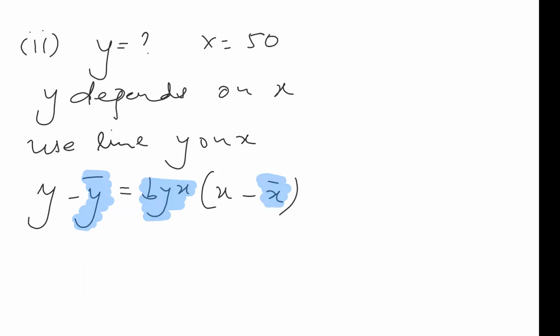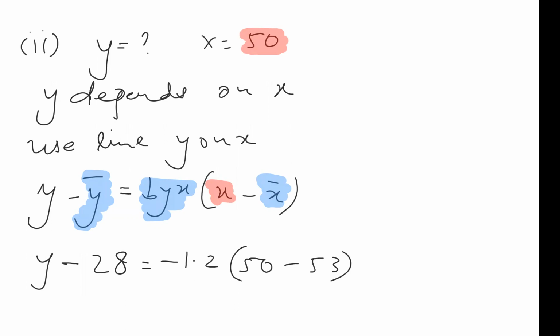Okay, and we also have x as 50. So all these values we are having, right? Y minus y bar. What is y bar? Y bar is 28. Byx is equal to minus 1.2. X is 50. X bar is 53. Okay, so we have to solve this further.